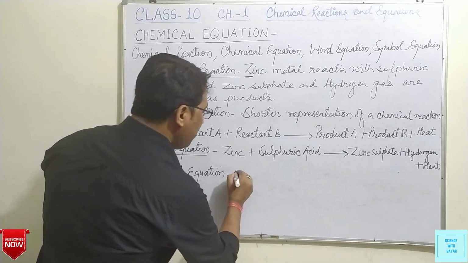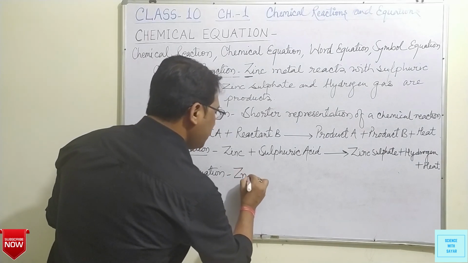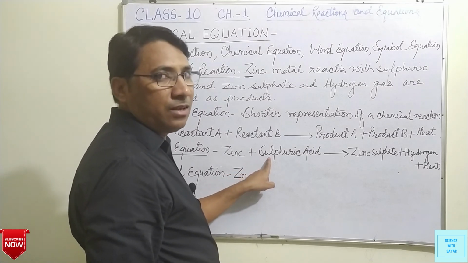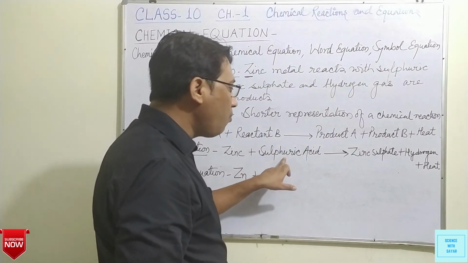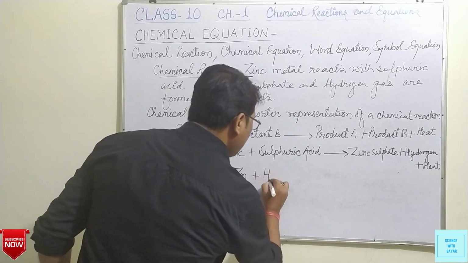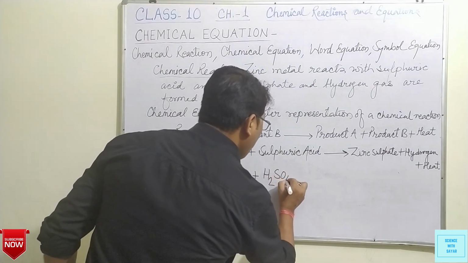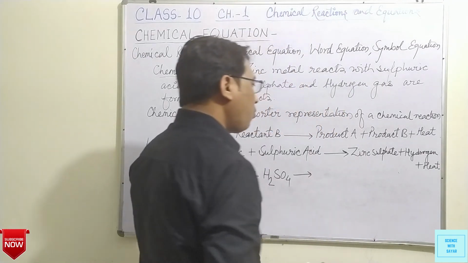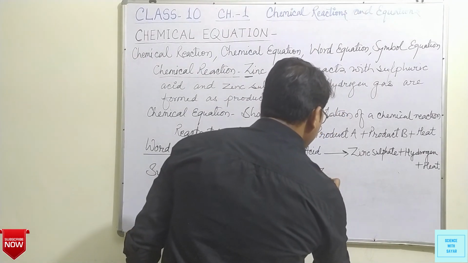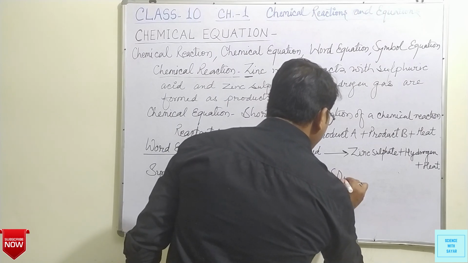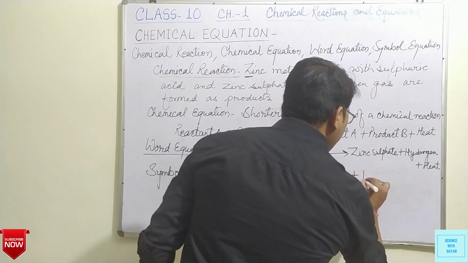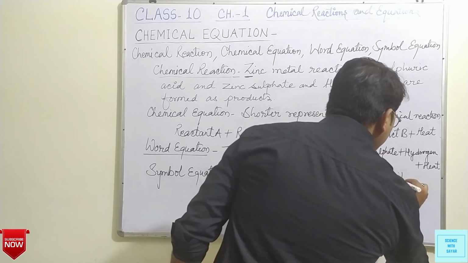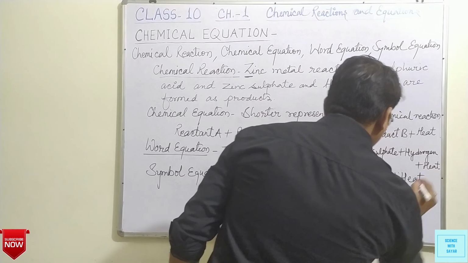So its symbol will be Zn, plus sulfuric acid, and its formula will be H2SO4. These are reactants, and products will be formed as zinc sulfate ZnSO4 plus H2, that is gas, and heat is also evolved.